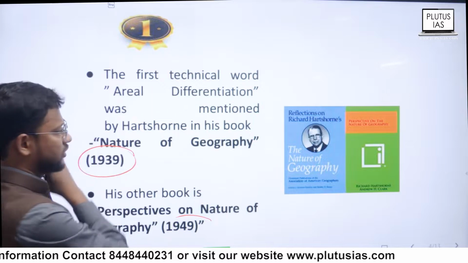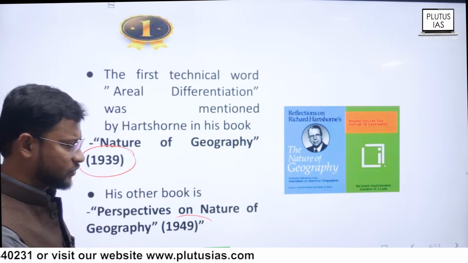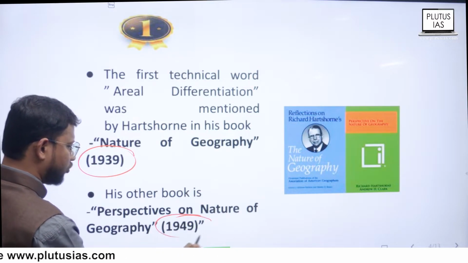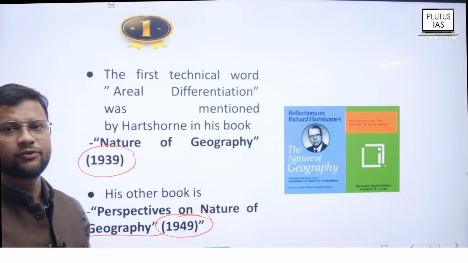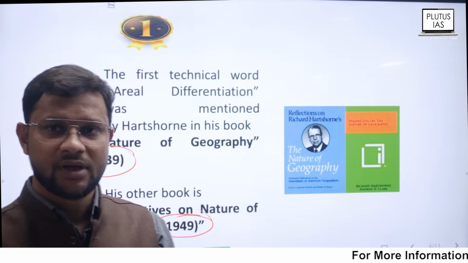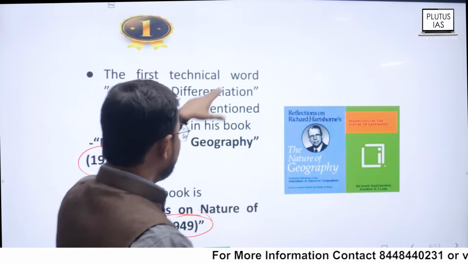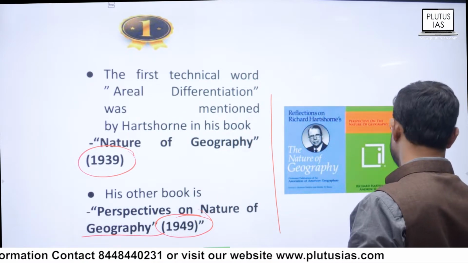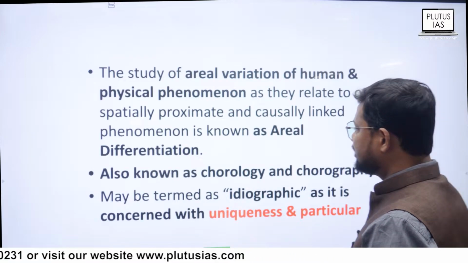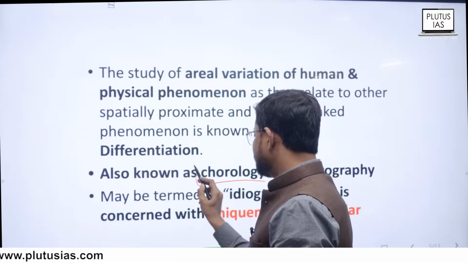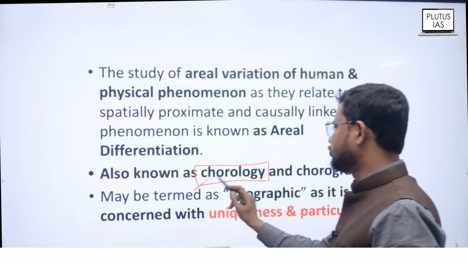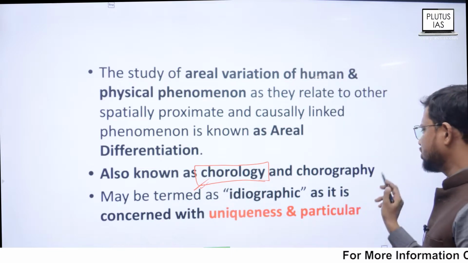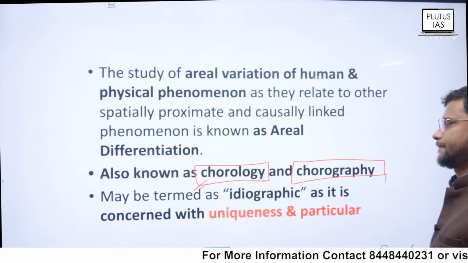This book was written in 1939, and then Perspective on the Nature of Geography in 1949. But that doesn't mean this term and concept existed only from here. You will find this branch is also alternatively, as I told you, known as chorology and chorography.